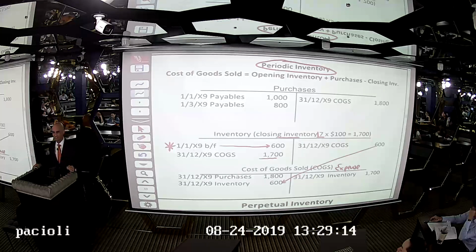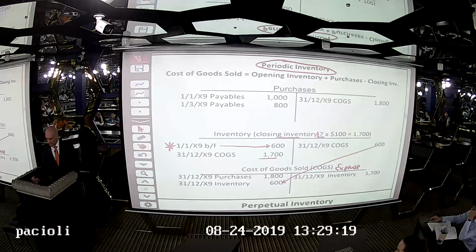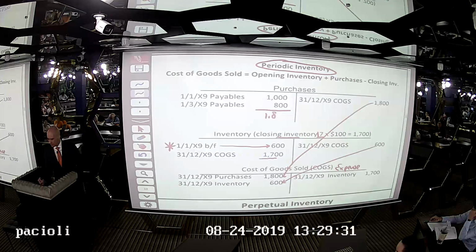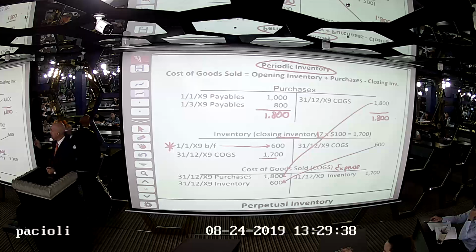It's all gone. And then the purchases here is also transferred to cost of goods sold. And notice now the purchases account, the debit balance is 1,800 and the credit side of the account is 1,800. So now the purchases is 0. We have closed the purchases account. So the purchases account becomes 0 at the end of the year or the end of the period.